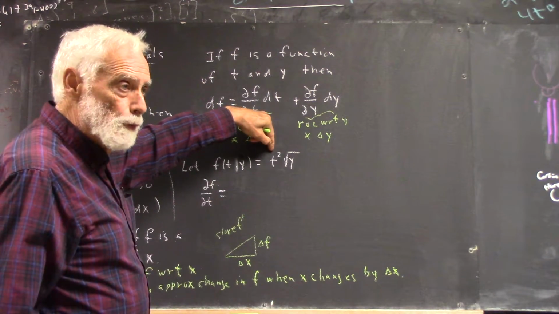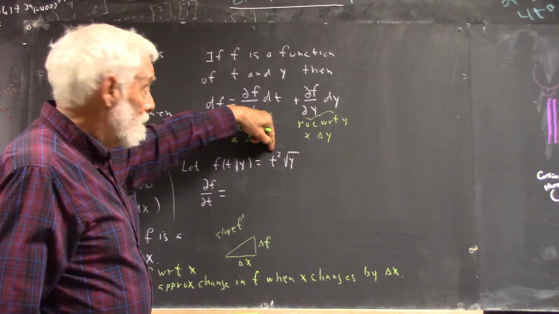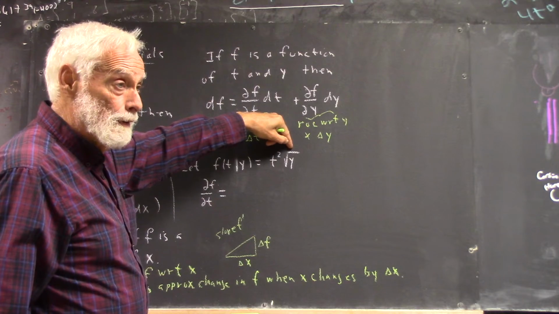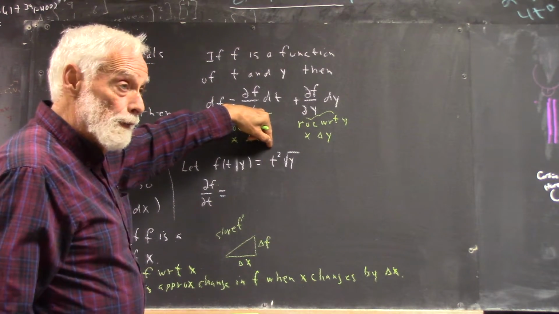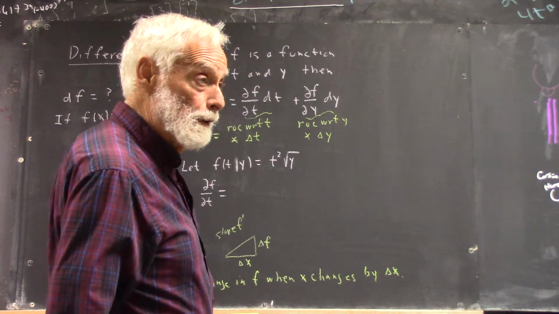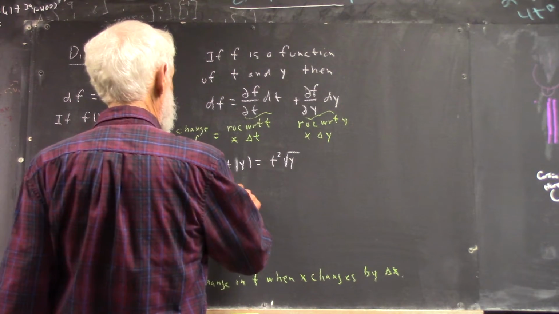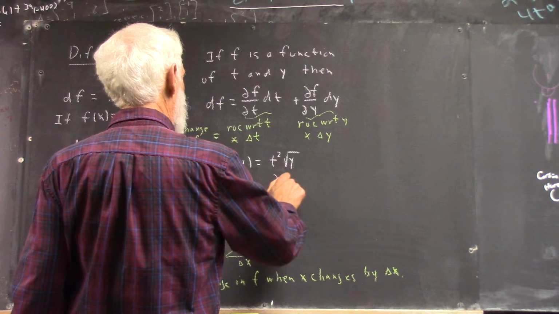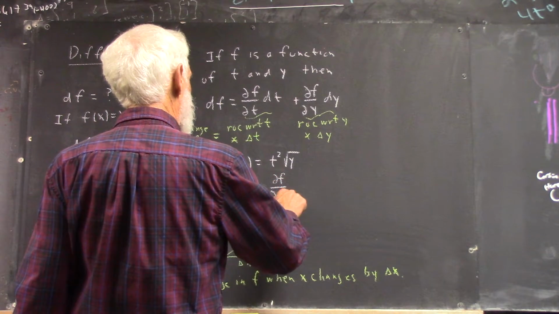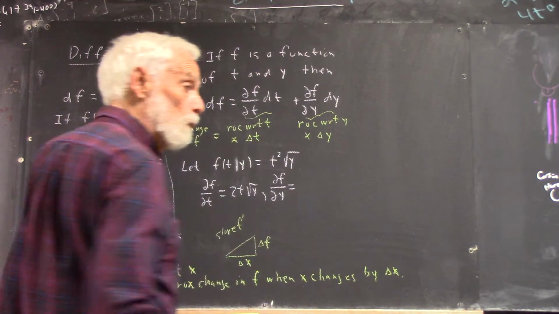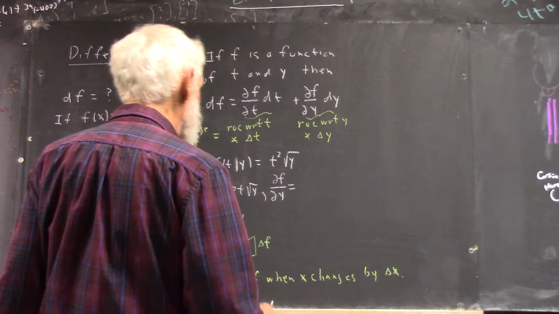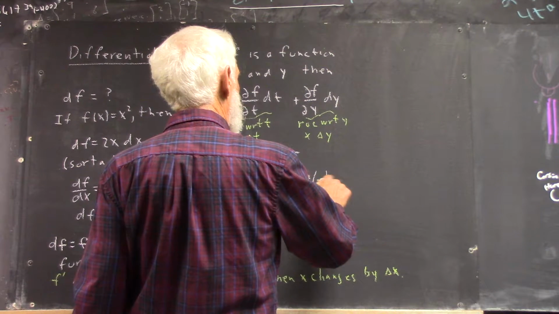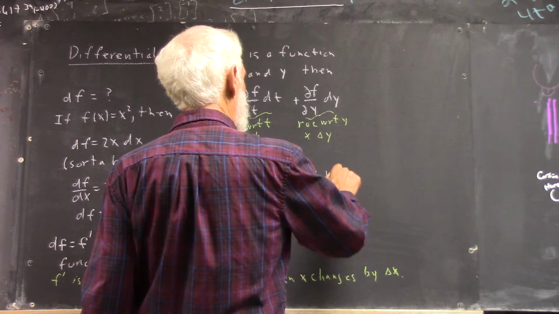But whether you do or not, the rule is simply, if y is treated as a constant, then what's the derivative of this? Well, it's 2t square root of y, right? And the partial of f with respect to y is t squared times 1 over 2 square root of y.